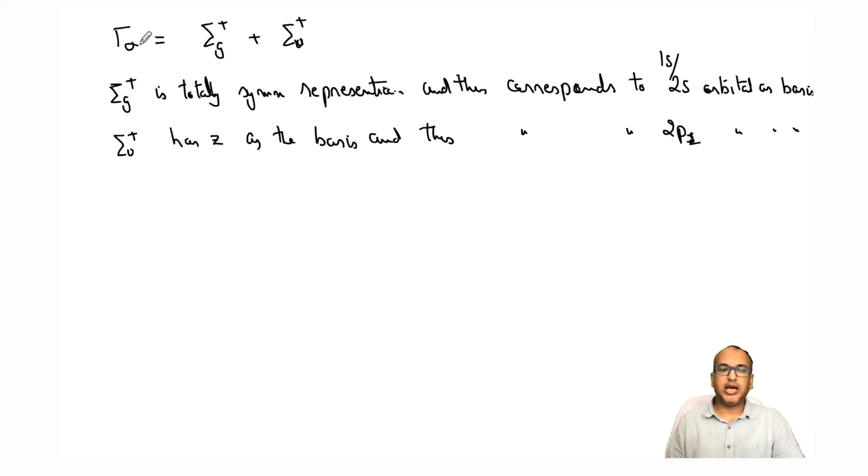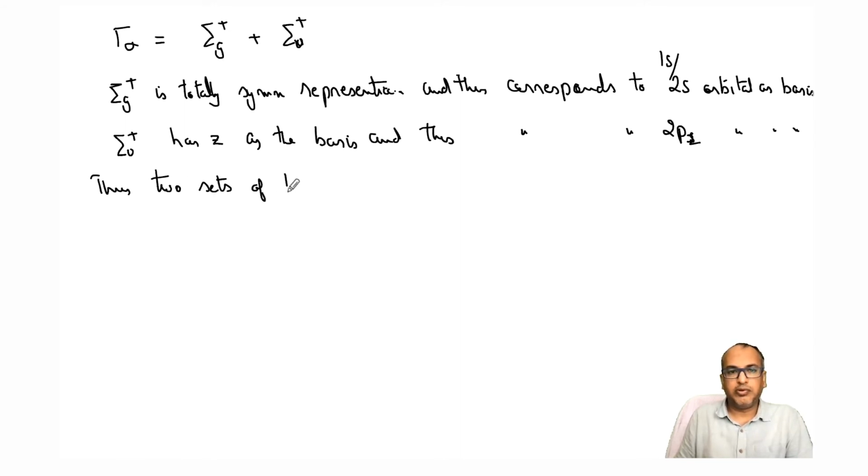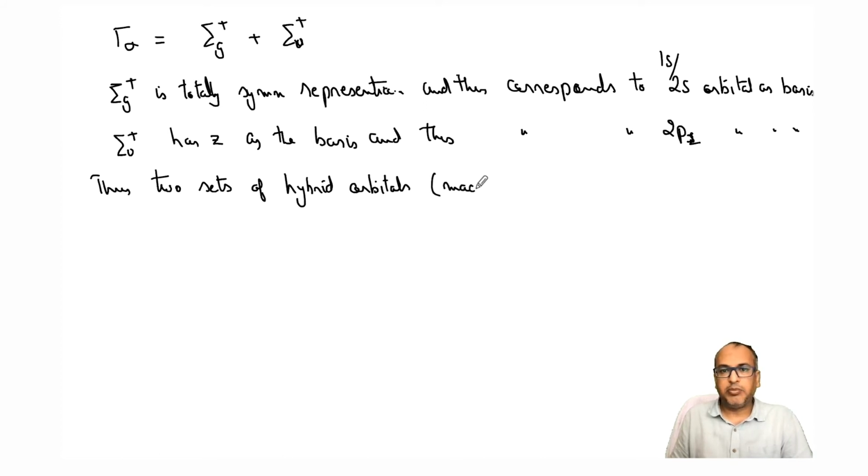That means our hybrid orbitals will come from the 2s and 2pz orbitals, right? Thus, two sets of hybrid orbitals which will be made up of 2s and 2pz.